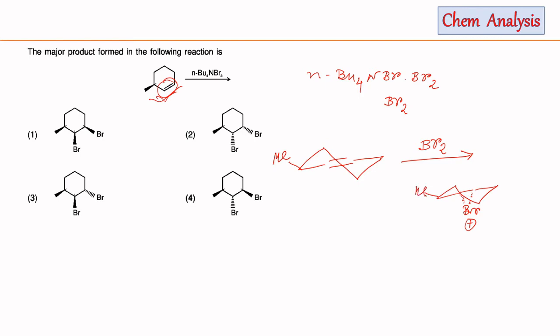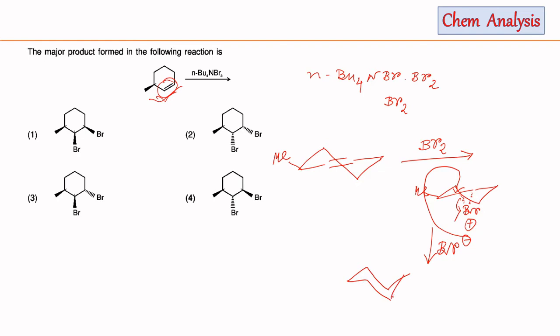After the second step, bromide minus will open up this bromonium ion, and the opening will be diaxial. Therefore the bromide minus should attack at this carbon to open up this bromonium ring, and the generated product will be in chair form.